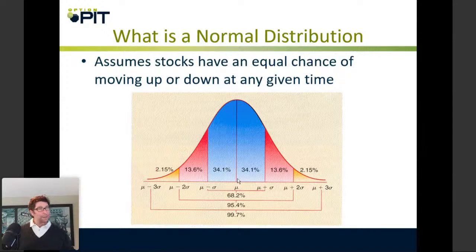So once you're inside of 1 standard deviation, it's going to be most of the moves. 2 standard deviations is going to be 95% of the moves.